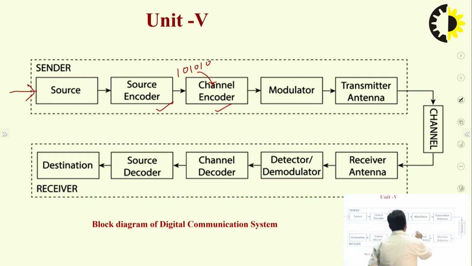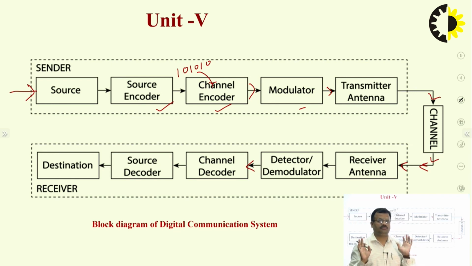Then this signal goes to the modulator. Then through the transmitting antenna your signal will go through the channel. Now the receiving antenna receives your signal. Now demodulation or detection will be done. Then the channel decoder: after detecting the error, if error is not present, then it's fine.